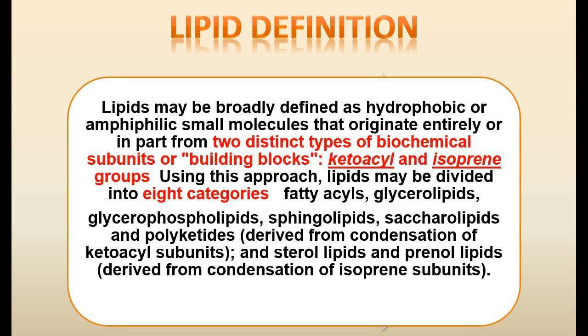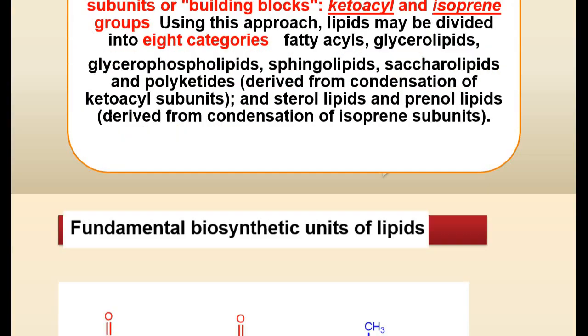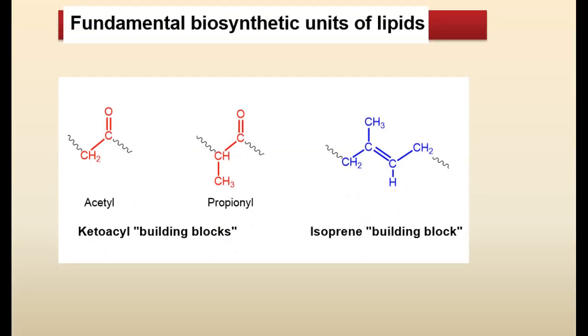So what will be the structure of these ketoacyl and isoprene units? This is the structure for various ketoacyl building blocks and the isoprene building blocks. For ketoacyl building blocks, there is acetyl, this is the structure of acetyl, and propionyl, this is the structure of the propionyl subunit.